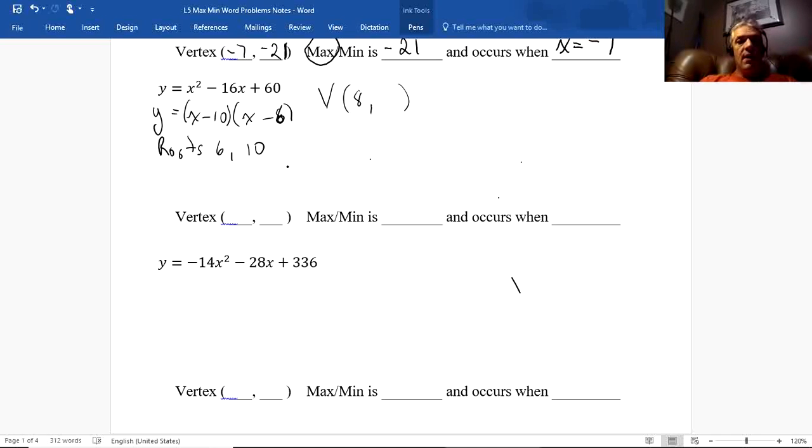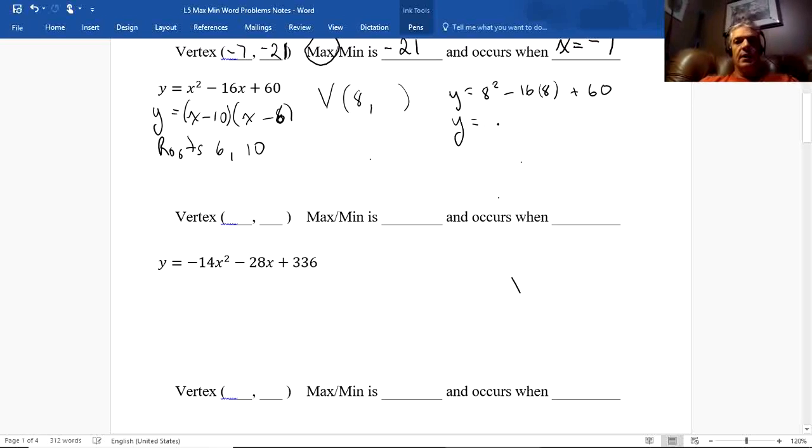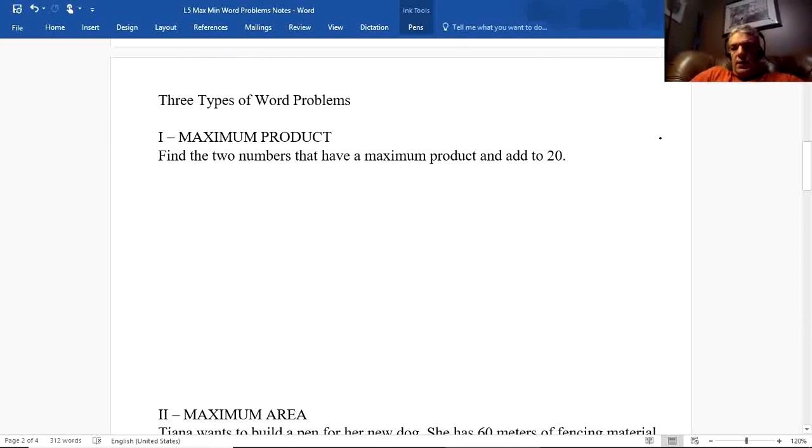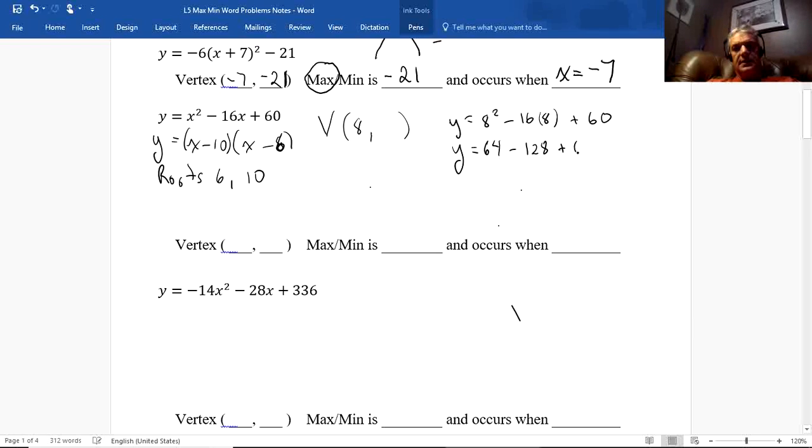Now, to find the y value of the vertex, I simply substitute in these values here. So I'm going to go y equals 8 squared minus 16 times 8 plus 60. I'm going to have to get maybe my calculator out to do this. So 64 minus 8 times 16, which I believe is 128. If you don't believe me, grab your calculator, plus 60.